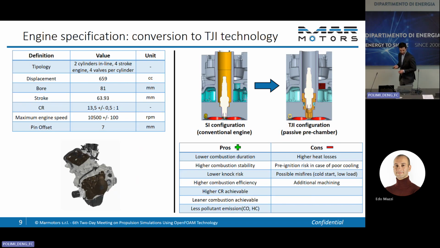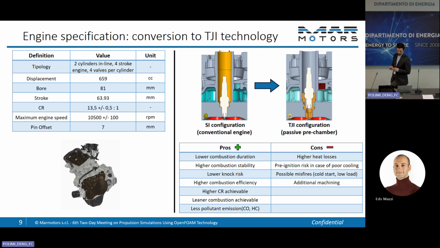So these are briefly the engine characteristics of this motorcycle engine, and then I really want to highlight what we found about this kind of different combustion system. So the pros are that you normally have lower combustion duration, especially in terms of 10 to 90 duration of combustion.